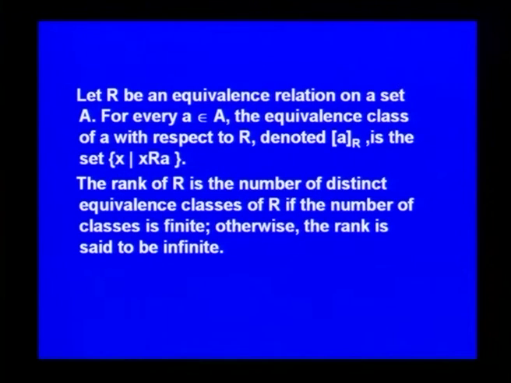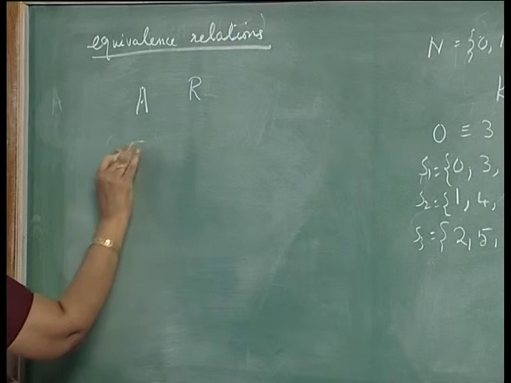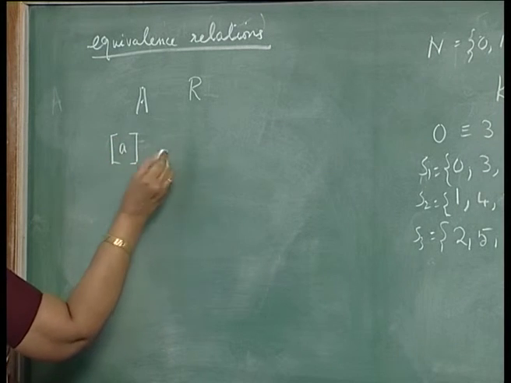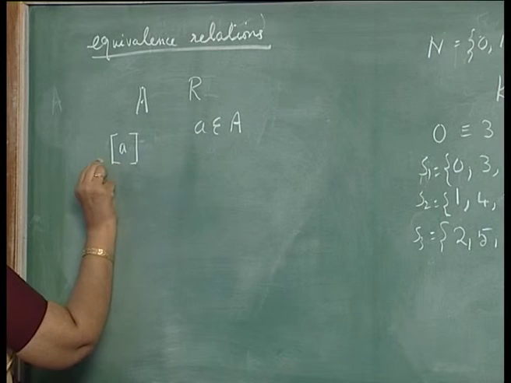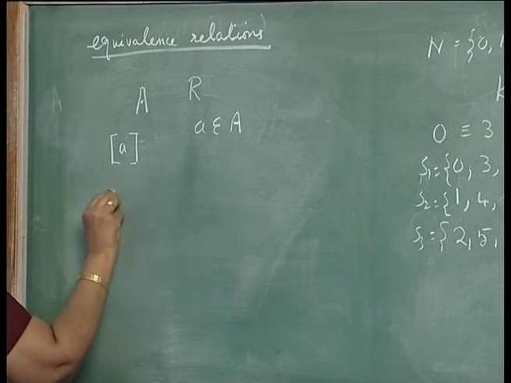Now, consider some equivalence relation. We have considered the mod relation. You have a set A and an equivalence relation R on it. Here a is a particular element of A, and this denotes the equivalence class of a.